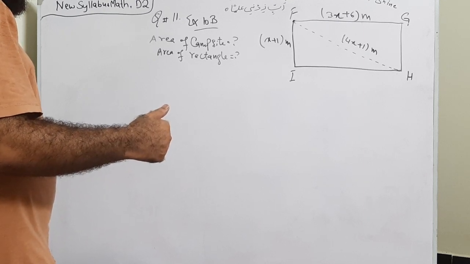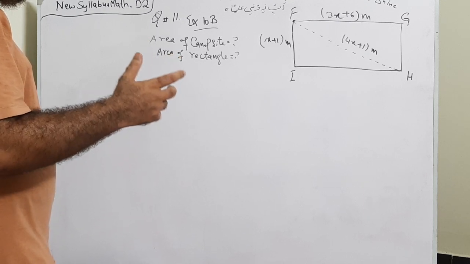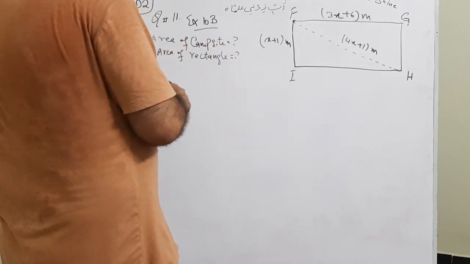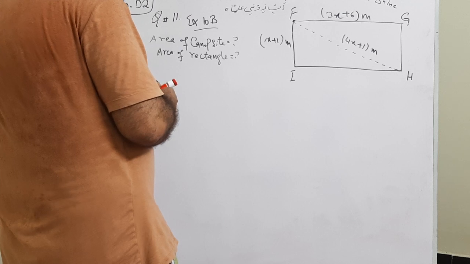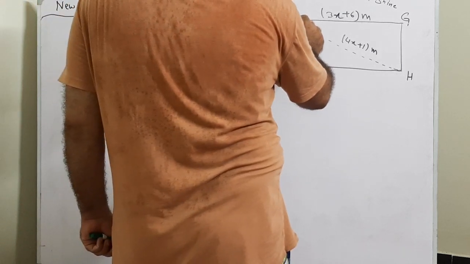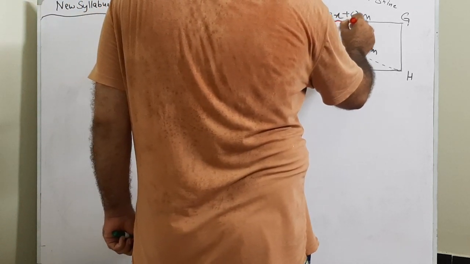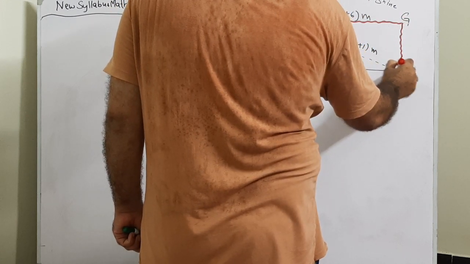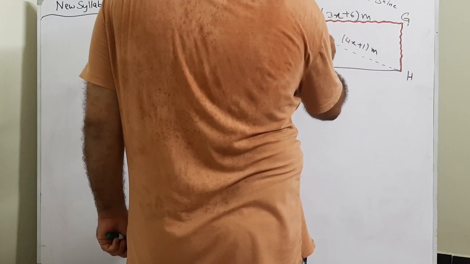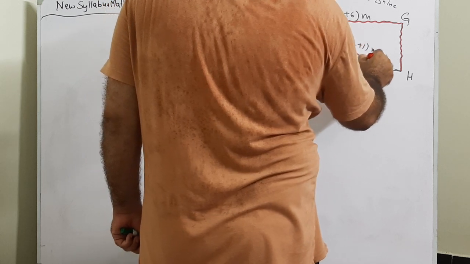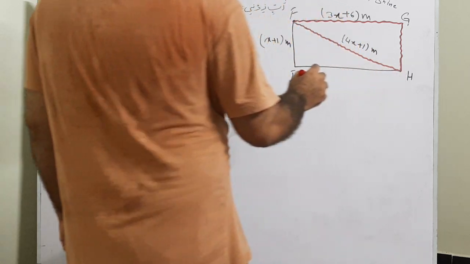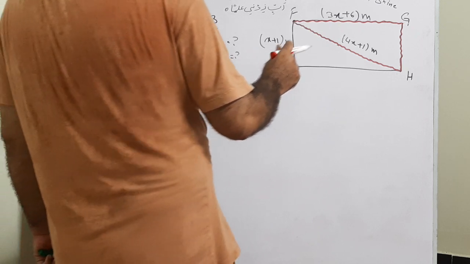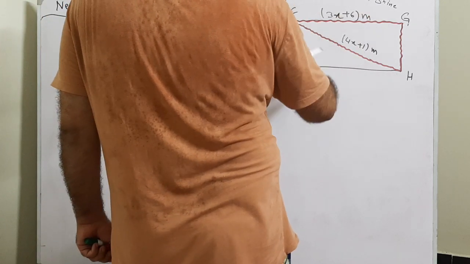So the other step involved, which is the second step, is that we will be using this right angled triangle to apply Pythagoras theorem, because you know for a rectangle all the angles are of 90 degrees.